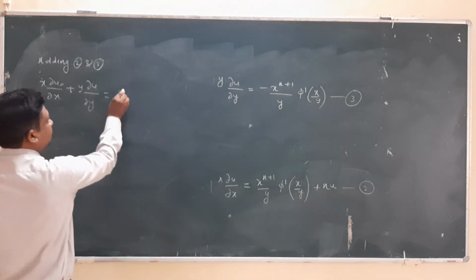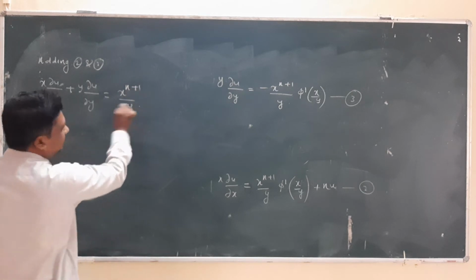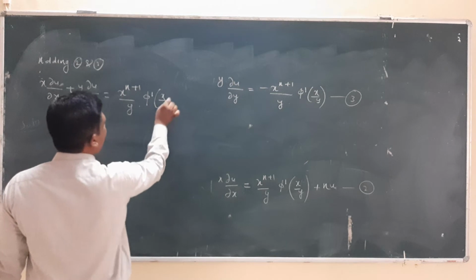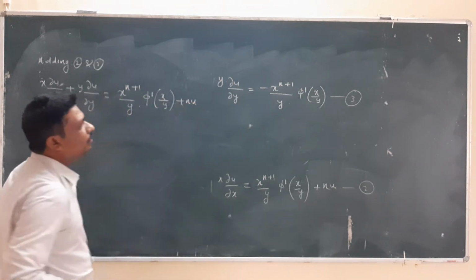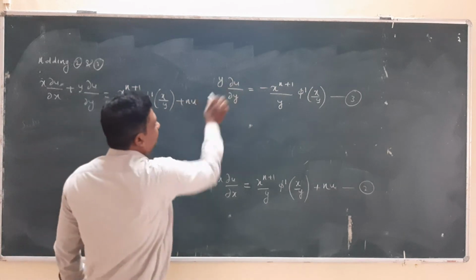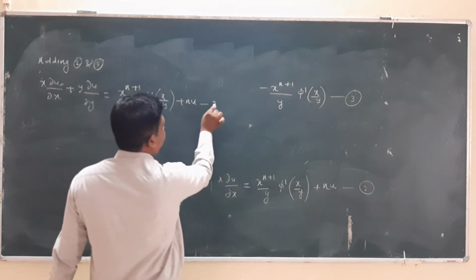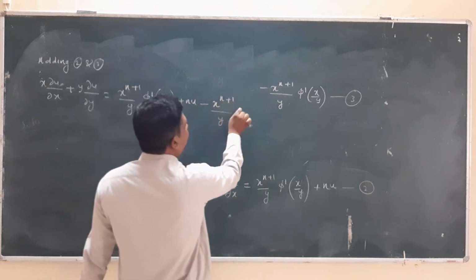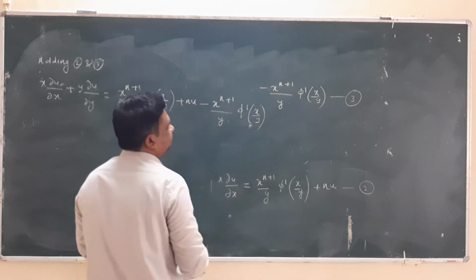So this is x to the power n plus 1 upon y into phi dash of x upon y plus, y into ∂u/∂y is this one, that is minus x to the power n plus 1 upon y into phi dash of x upon y.